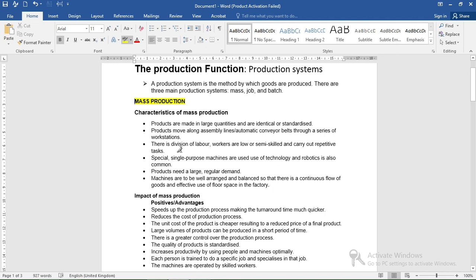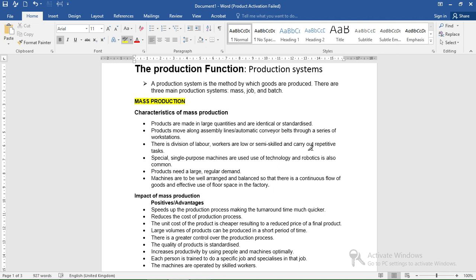Another thing also is that under mass production there is a division of labor, meaning workers carry out repetitive tasks. It means they just do one small simple task that they do each and every time for a longer period of time.